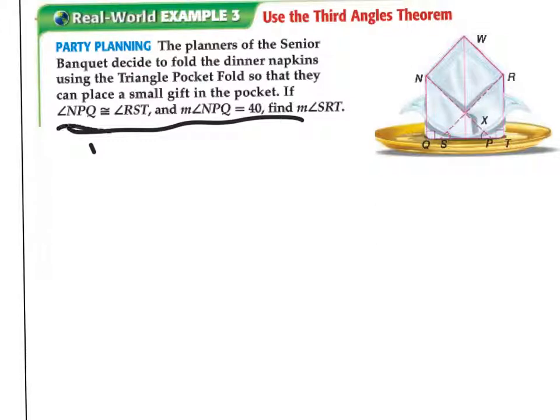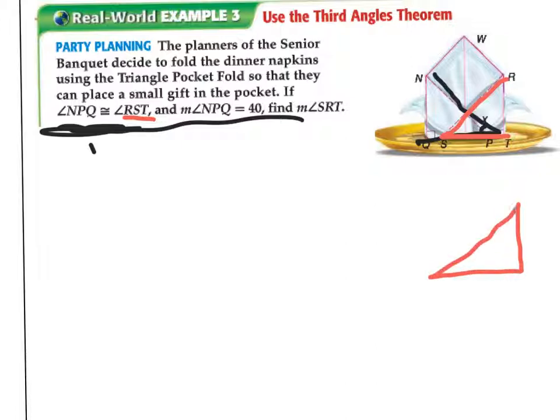Now here's something that I need to write down. NPQ, so N to P to Q. That angle right there is the same as R to S to T. R to S to T. So now I'm going to redraw that red one I just drew. Here, here, here.